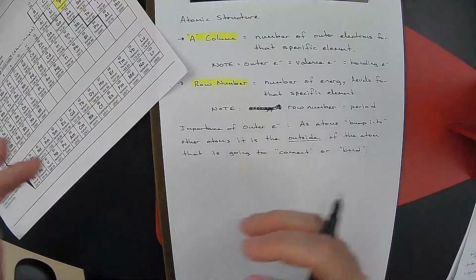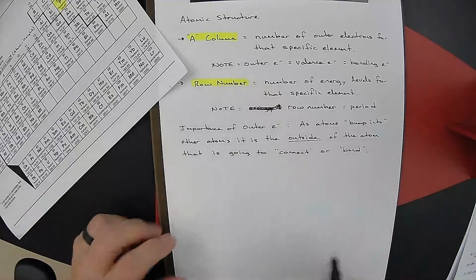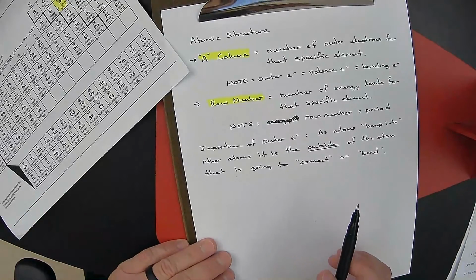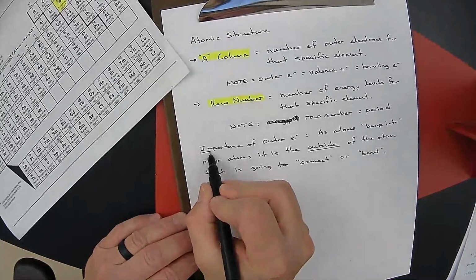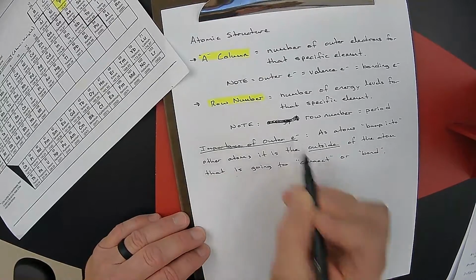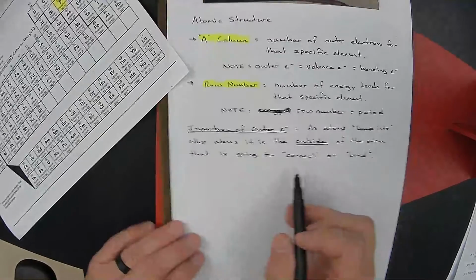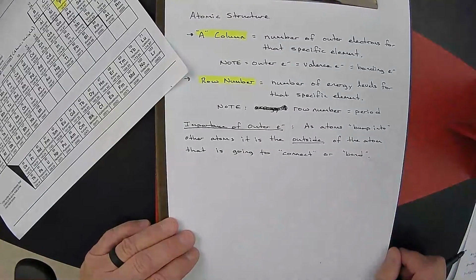So as these atoms are flying around bumping into each other, the most important part of the atom is the outside, because that's the part that's going to connect or bond.